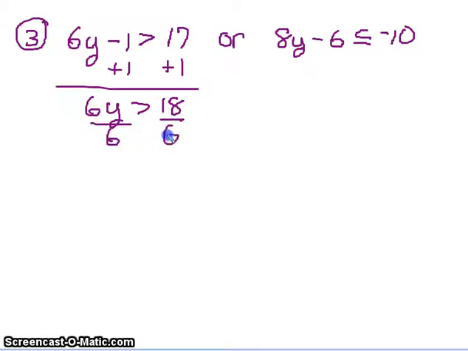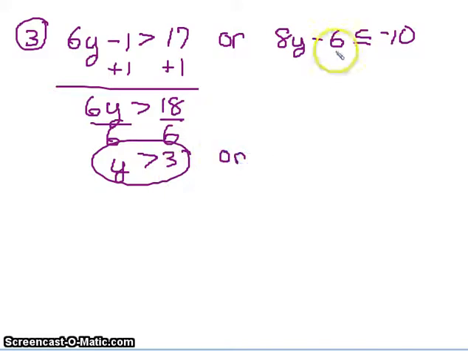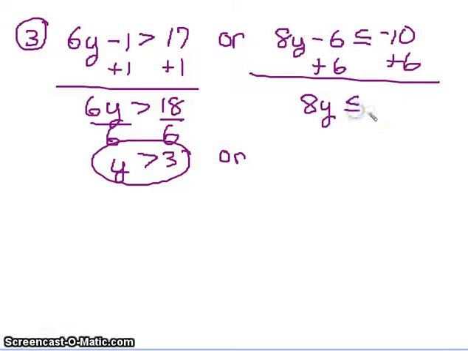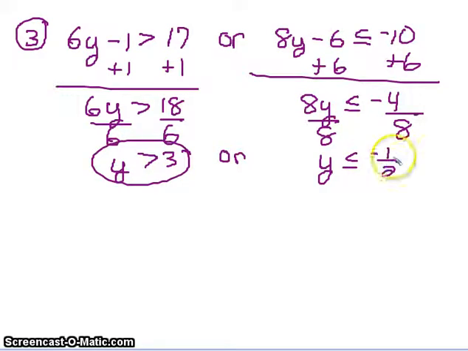Divide both sides by 6, and you get y is greater than 3. That's one of them. Or we add 6 to both sides and get 8y is less than or equal to negative 4. And I still do not flip the inequality sign because I haven't divided by a negative. So I get y is less than or equal to negative 1/2.